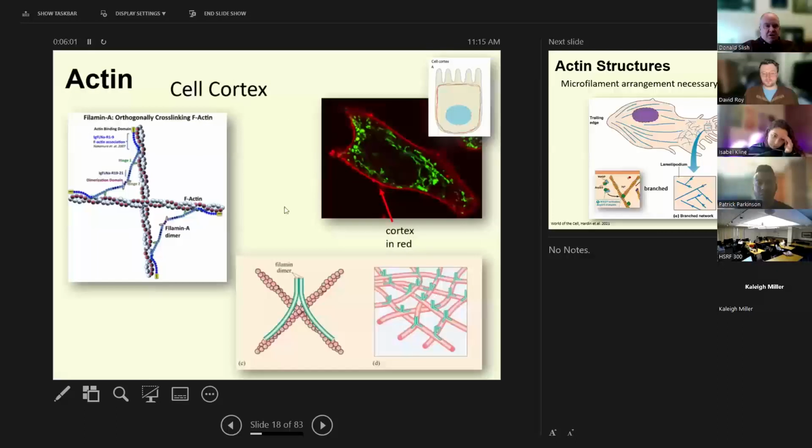So these are cross-linked by this protein filamin, which is a dimer. It binds to two different microfilaments, and that creates a connection between those microfilaments. And that makes up the cell cortex, which surrounds the outside of the cell and supports the plasma membrane, holds it in place there.